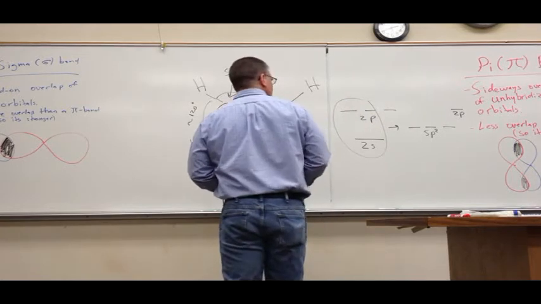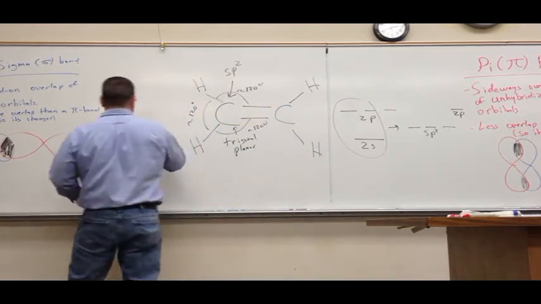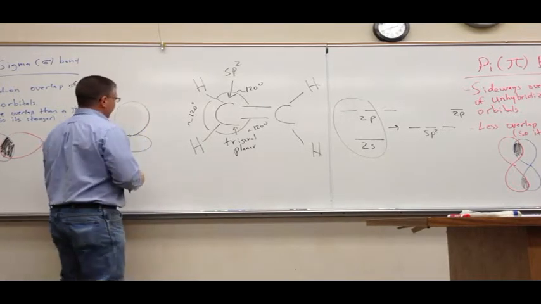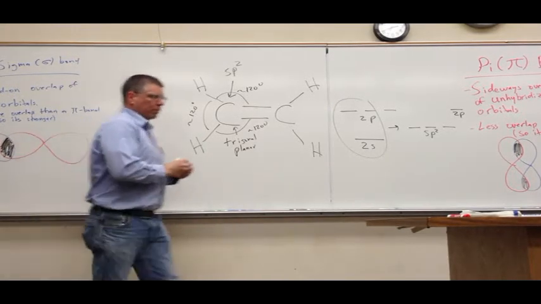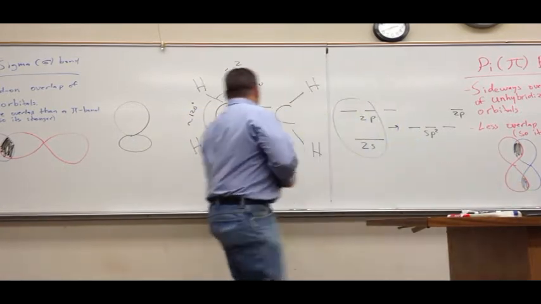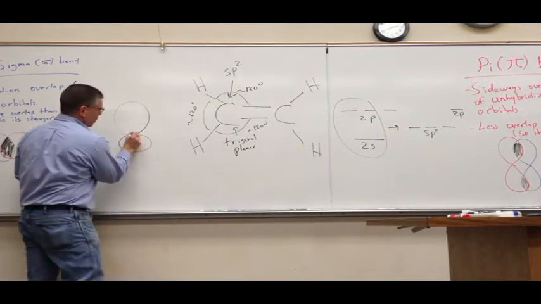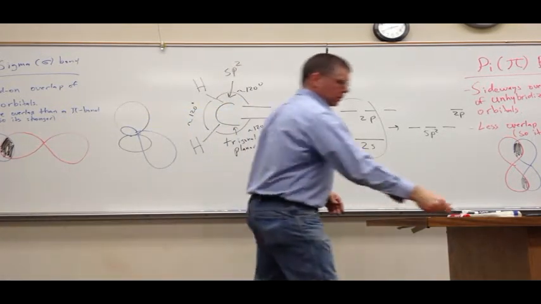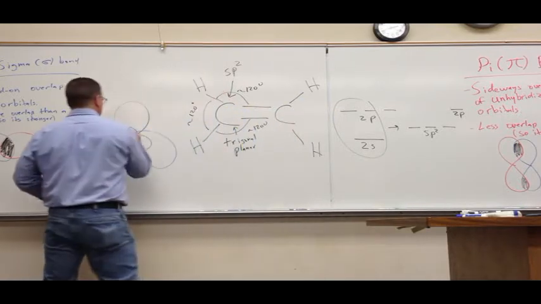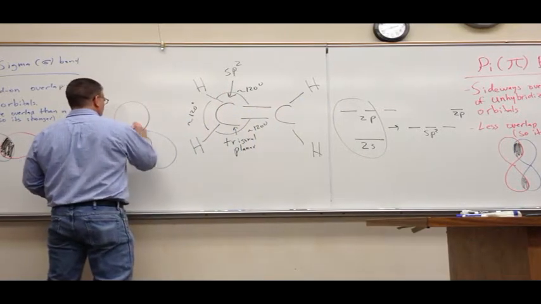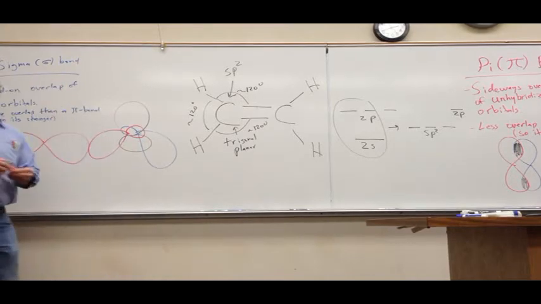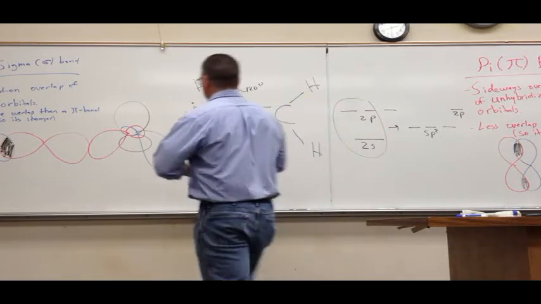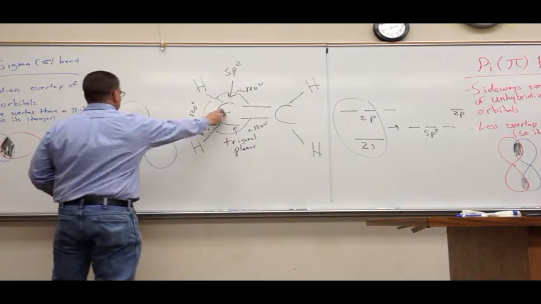So an sp2 orbital, 2/3 p and 1/3 s, might be something like that. That might be one of them. Another one would be something like that. The other one would be down here. The center is the carbon atom.